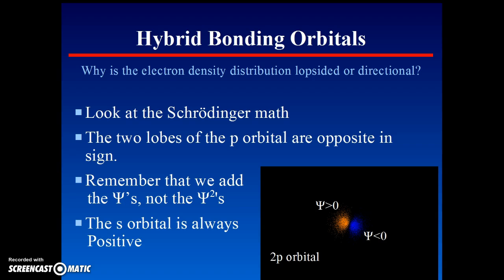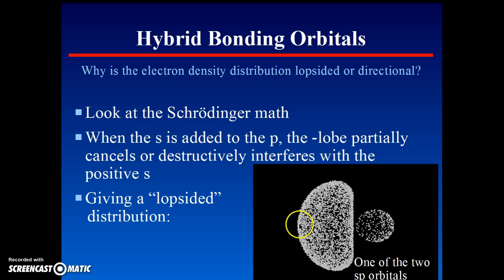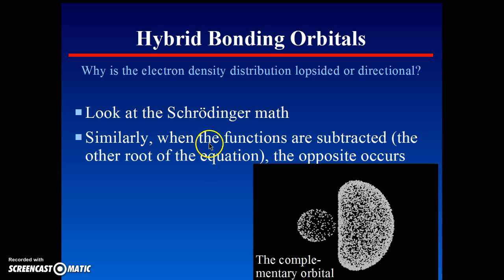So the s orbital is always positive. Now when the s is added to the p, the negative lobe partially cancels, or destructively interferes with, the positive s electron. And that's what gives this lopsided distribution. Something similar happens when the functions are subtracted. That's the other root of the Schrödinger equation here. And the opposite occurs.